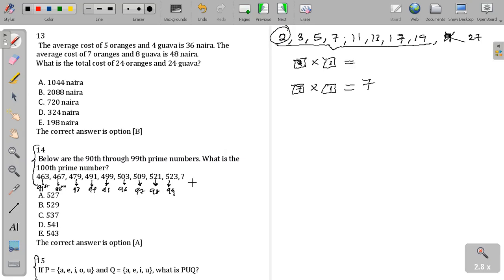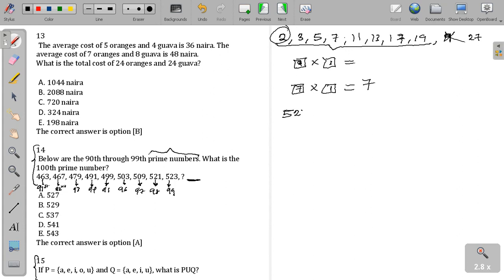All these numbers that you are seeing here are prime numbers. Take note, 463 is a prime number. You can't look for two things that will give you 463. Up to this point is the 99th prime number. So they now ask us to look for the 100th prime number, which is the next one. What is the next prime number that comes after 523?